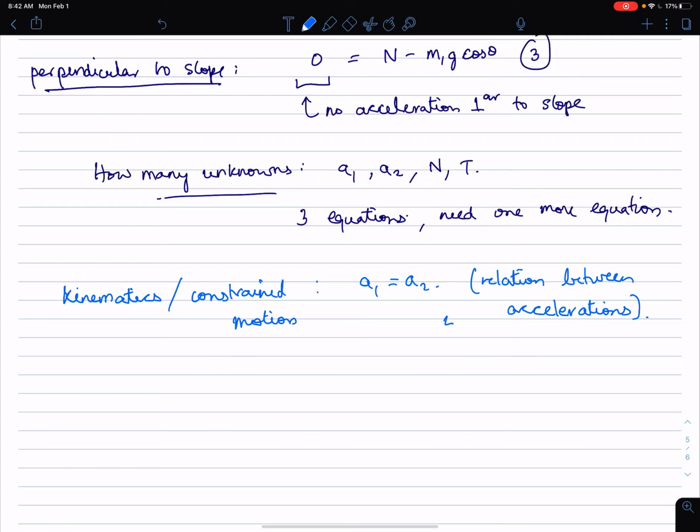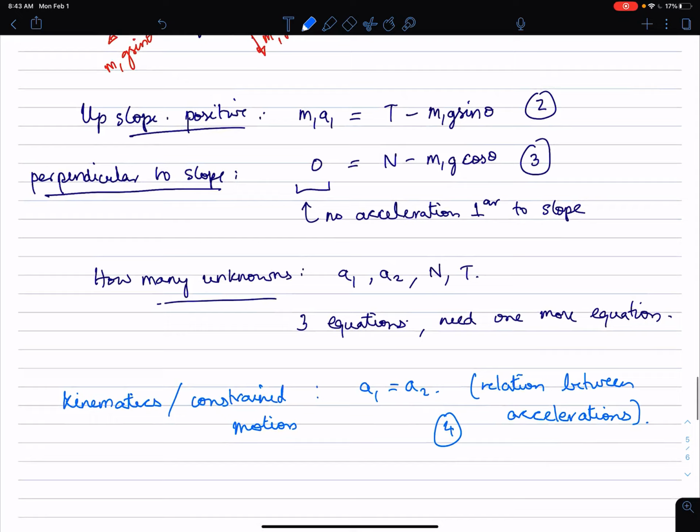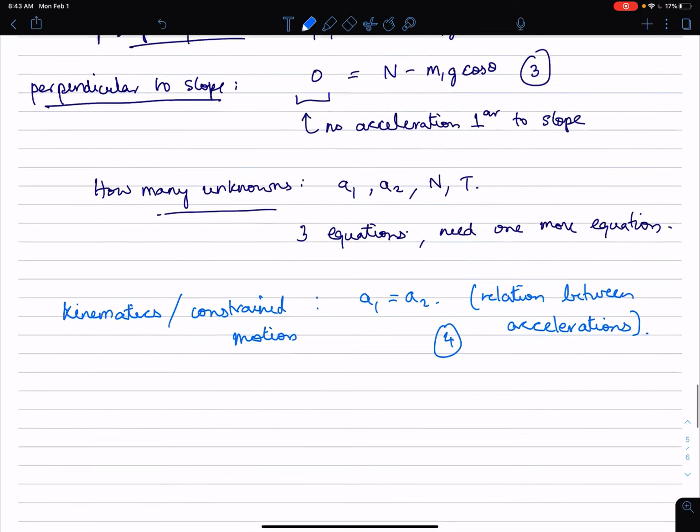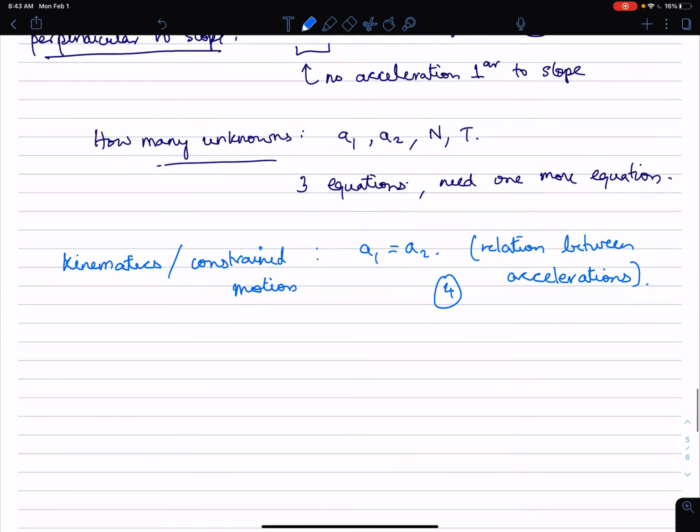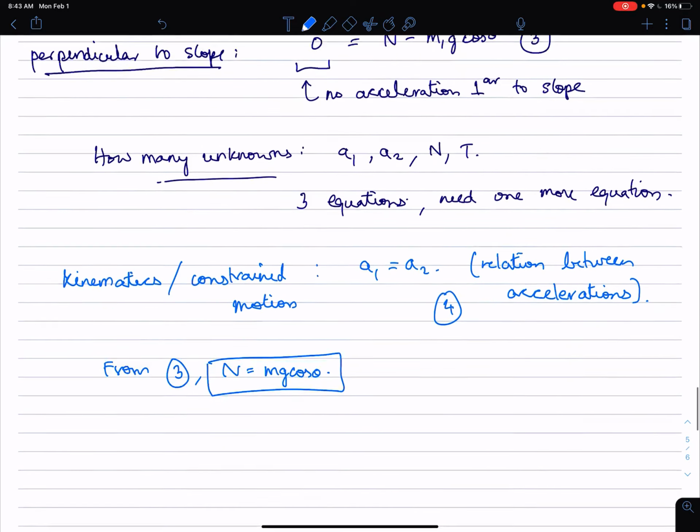Okay, so this is equation number 4. And now we can solve for all of them. So from 3, we have N equals mg cosine theta. We didn't really ask for this, but I guess we have that as answer.